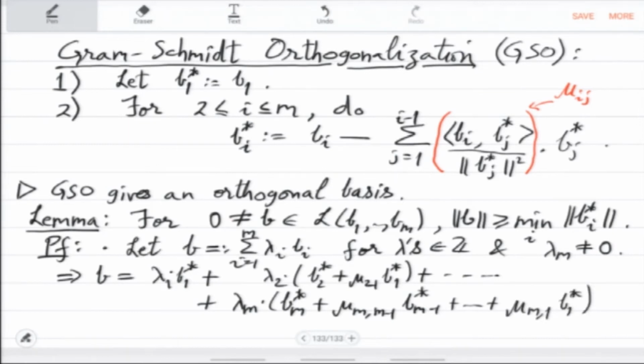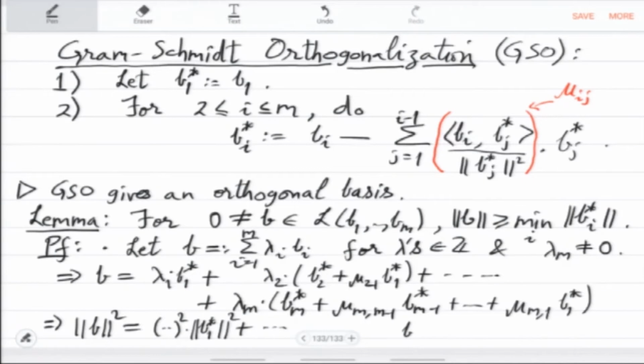Okay, and then you can look at the norm square. Since you have written B as a combination of orthogonal vectors, you can use the sum of squares. So you will get the coefficient of B1 star squared, and so on, up to the last one, which is Bm star.